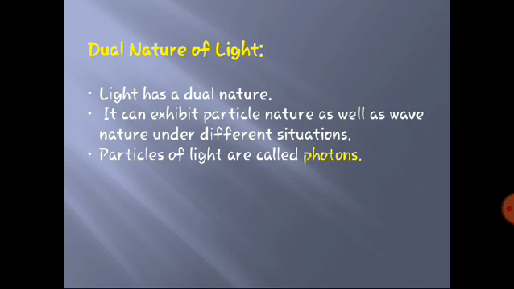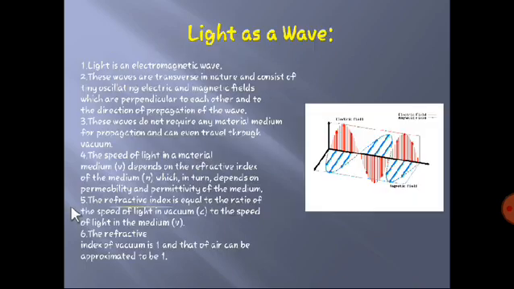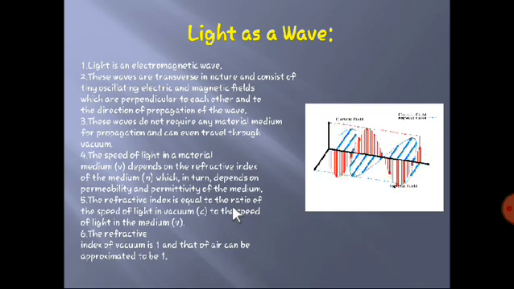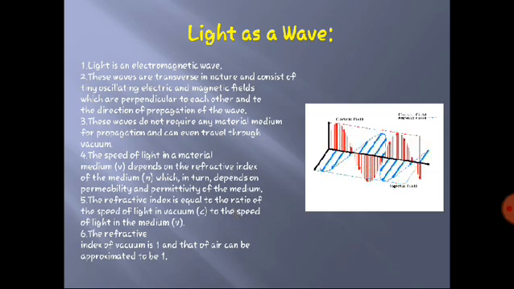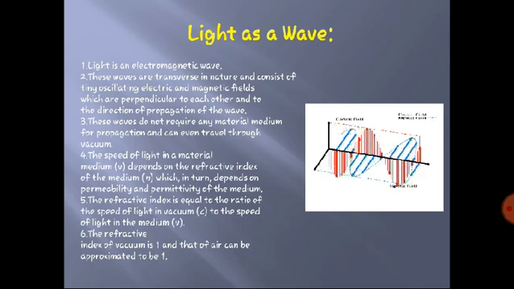Alright, so let's move towards knowing more about wave nature and all about waves. So first is light as a wave. How exactly does light behave as a wave? The main nature of it is electromagnetic waves. As we have seen in the revision point, electromagnetic waves consist of both electric field and magnetic field, and both the fields are perpendicular to each other.